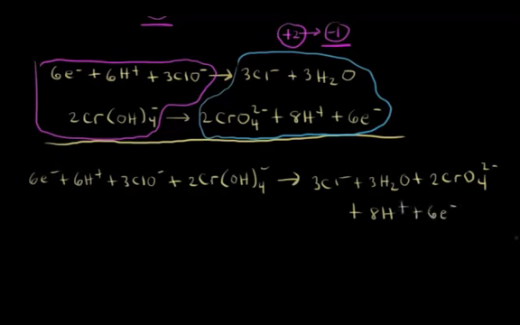So finally, now that we've written that out, I think it's easier to see that you have 6 electrons on the left and 6 electrons on the right, so you can cancel those out. You also have some protons on both sides, right? You have 6 protons here and 8 protons here, so you could cancel out these 6 protons, and you can make this 2 protons on the right side. So let's rewrite what we have once again.